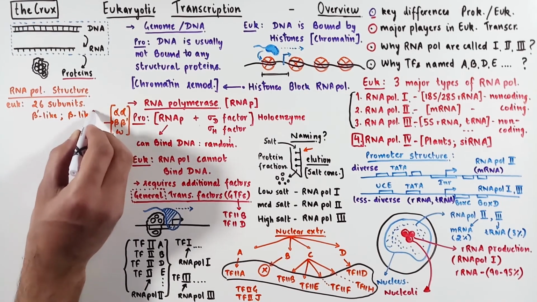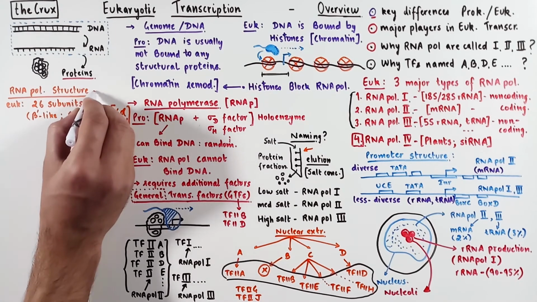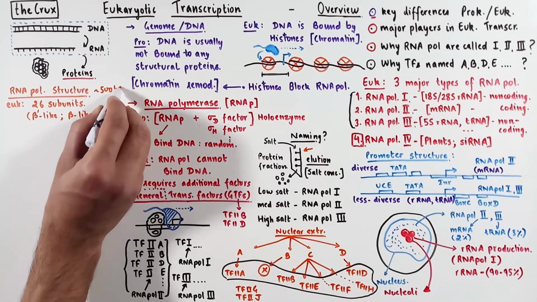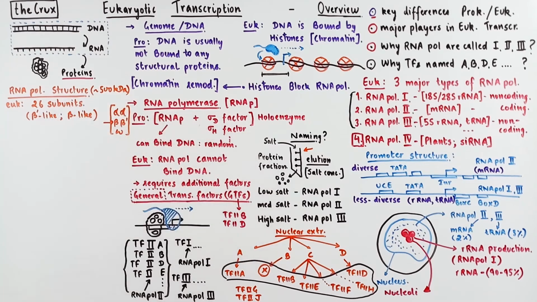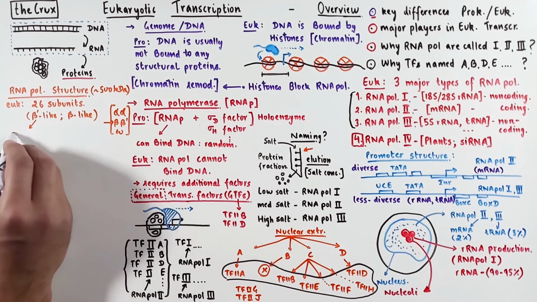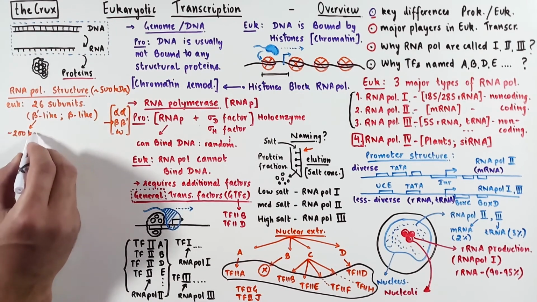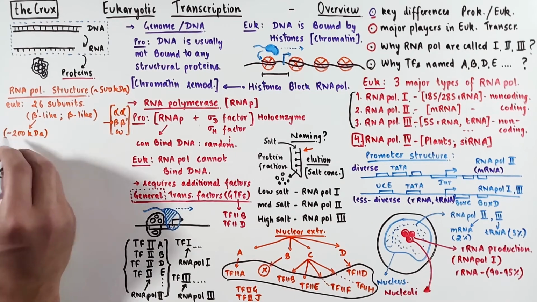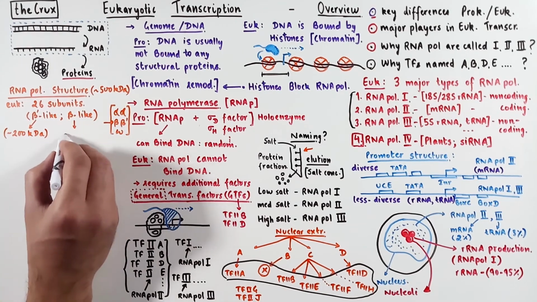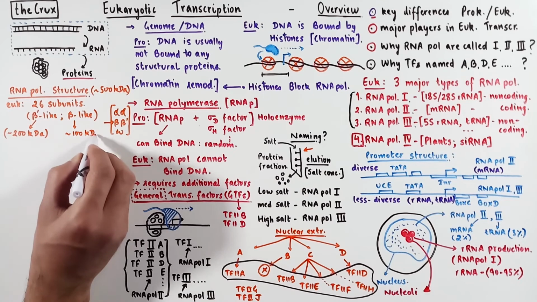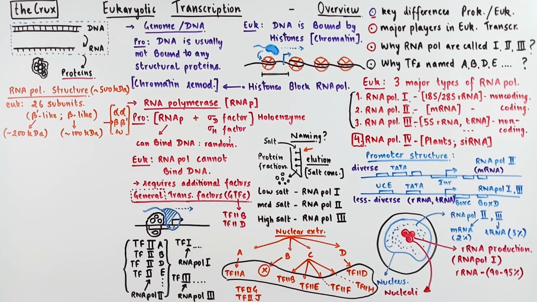The entire eukaryotic RNA polymerase weighs around 500 kilodaltons, and the beta prime-like subunit alone is about 200 kilodaltons, which is the largest of all 26 subunits. And the second biggest subunit is the beta-like subunit, which is around 100 kilodaltons.